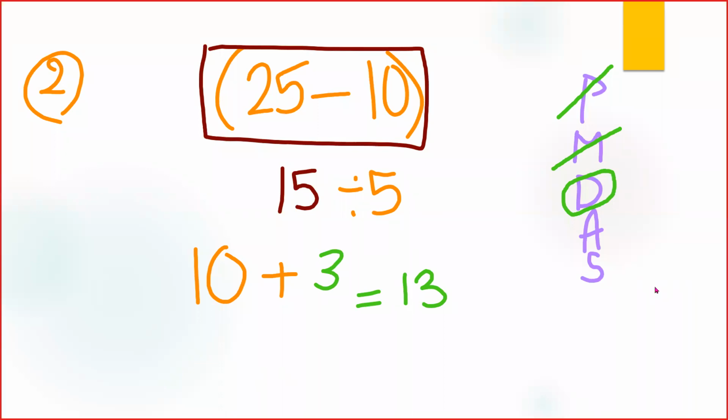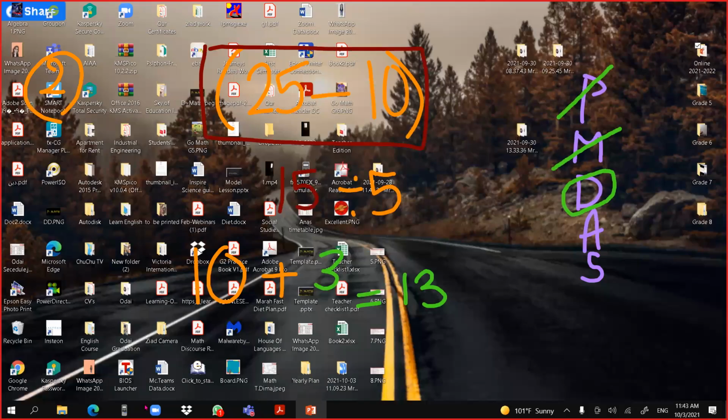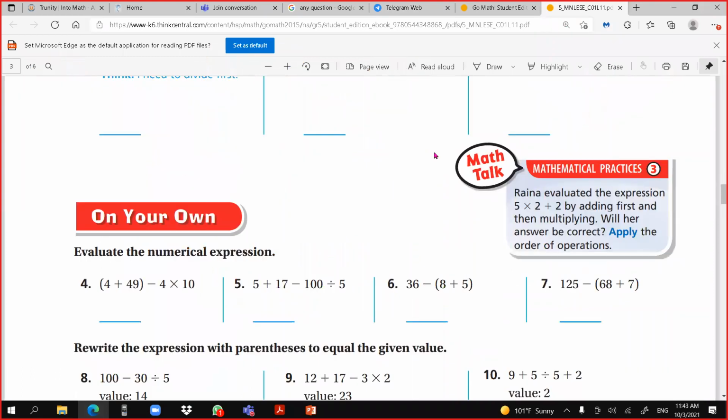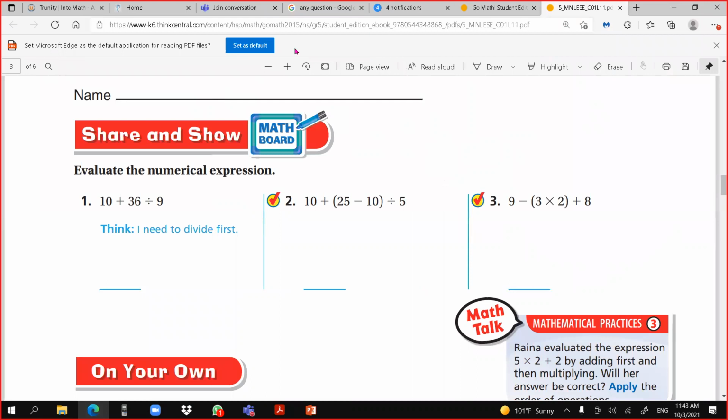I will write here the answer. So it comes like 10 plus 15 divided by 5, then 3 plus 10, which is 13.